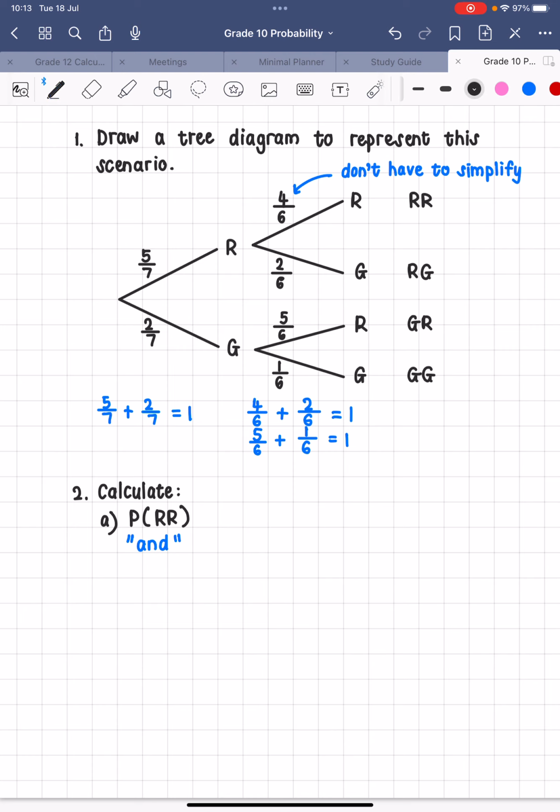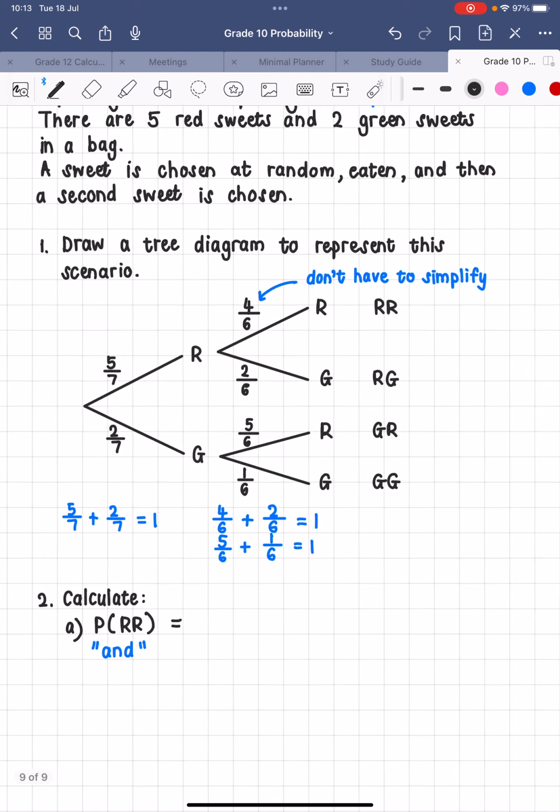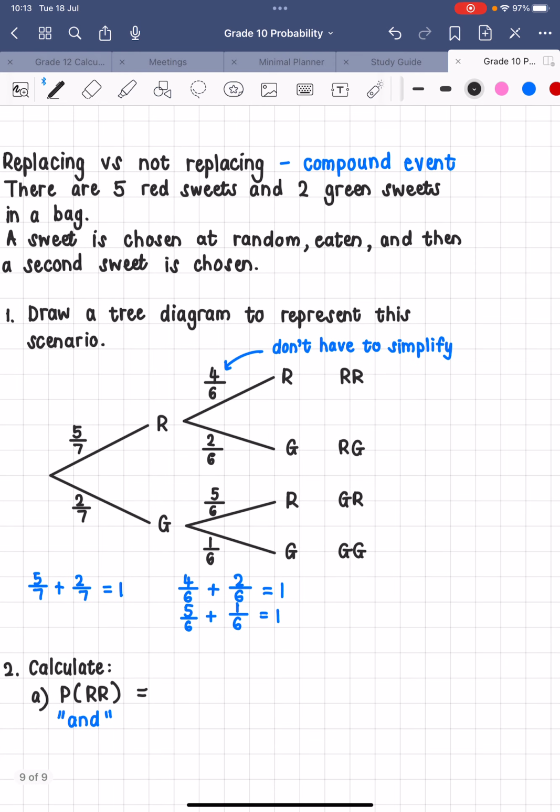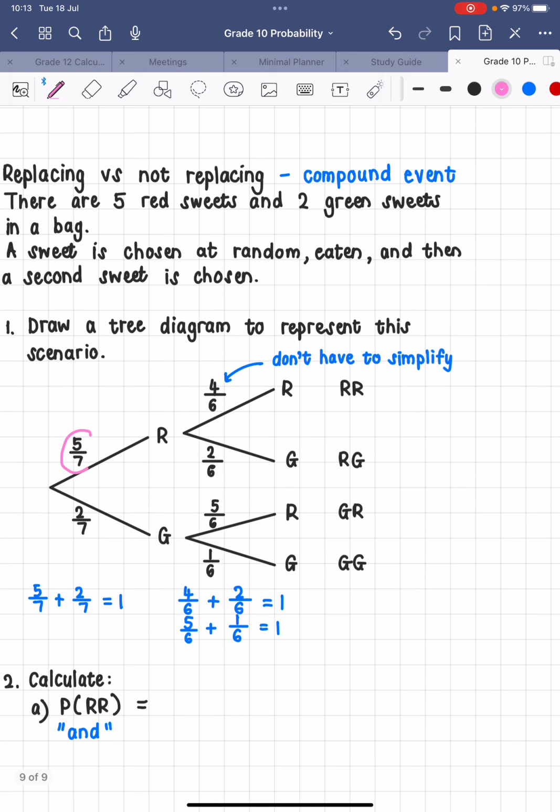Now what we're going to do for this is look at our tree diagram and take the probabilities leading up to that final outcome of red, red. And what are we going to do with those probabilities? We're going to times them. We're going to multiply them together. Guys, that is what we always do when it's an AND question. We are going to write it down as a note as well.